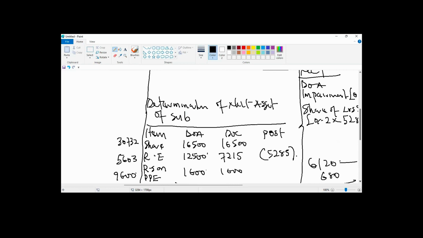This post that you're getting, 5285, how do we get that? Because at the date of consolidation in the question, retained earnings at date of consolidation is 8190.